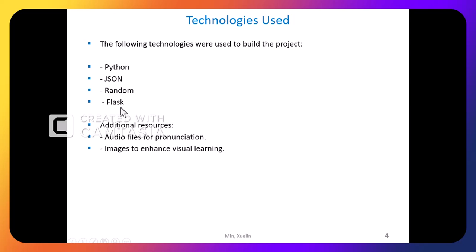And the last one is Flask. Let me briefly explain Flask, one of the key technologies in this project. Flask is a lightweight web framework for Python that is ideal for small to medium applications.